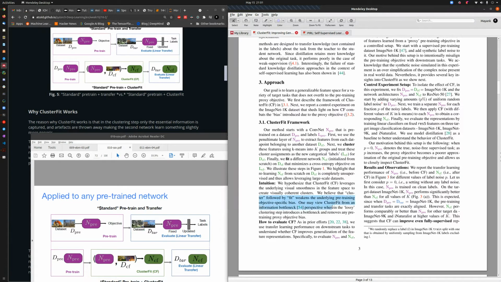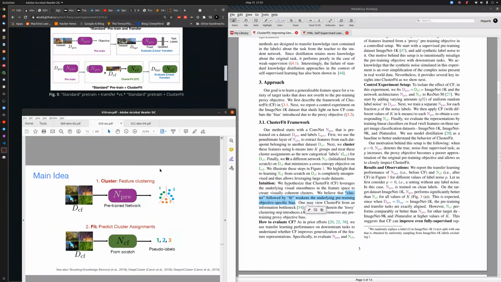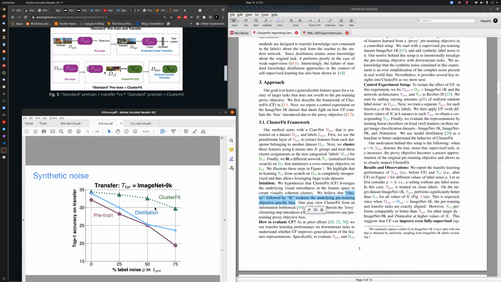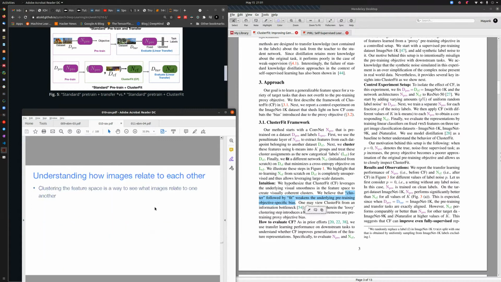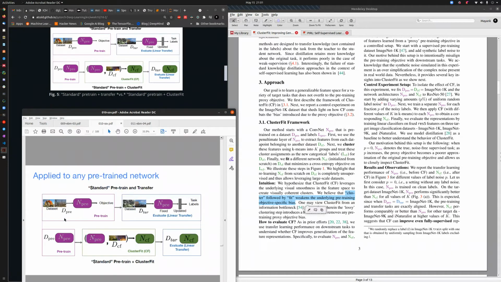And how does it do that? The clustering followed by the fit weakens the underlying pre-training objective's specific bias. So this is what's being done under the hood with respect to those two tasks that we have seen. First this and then this, a clustering then transfer learning kind of task.